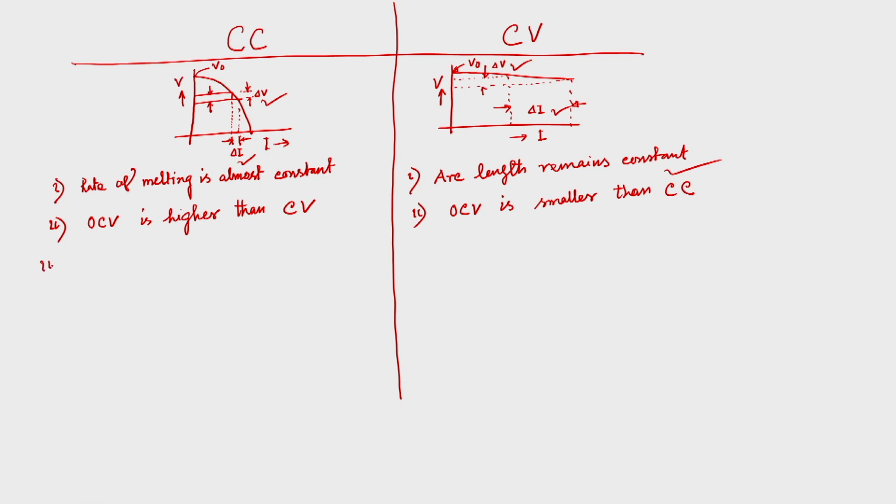Now the third point is self regulation. The self regulating characteristic is not available in constant current.